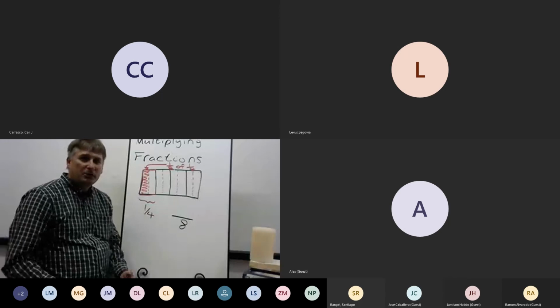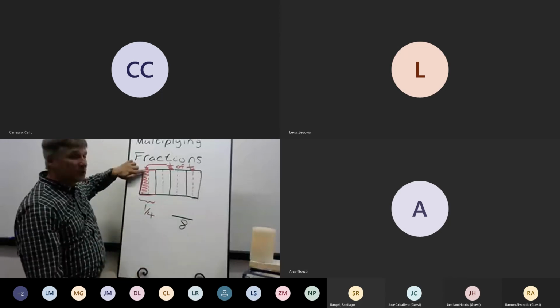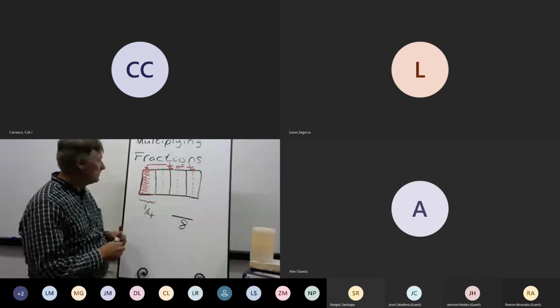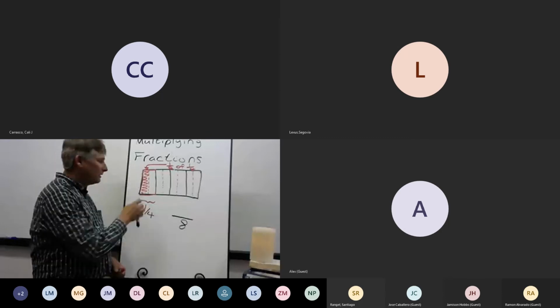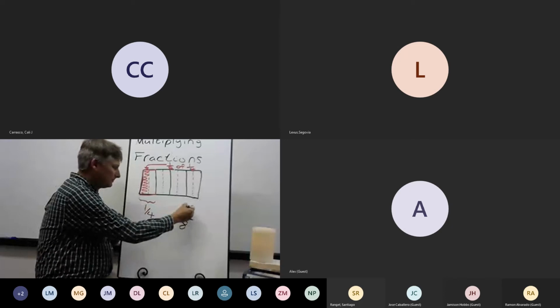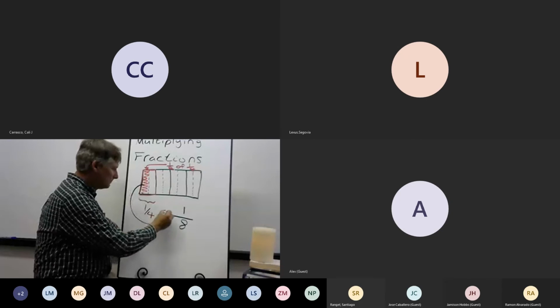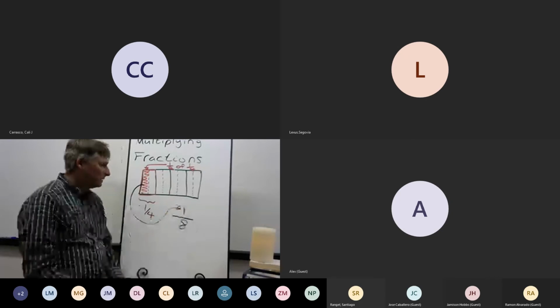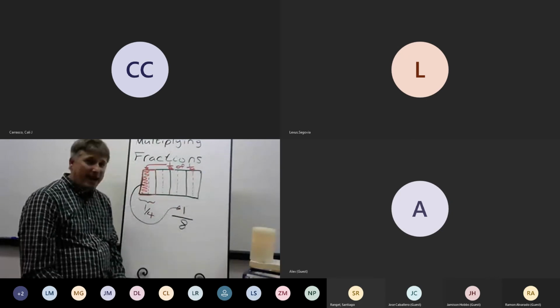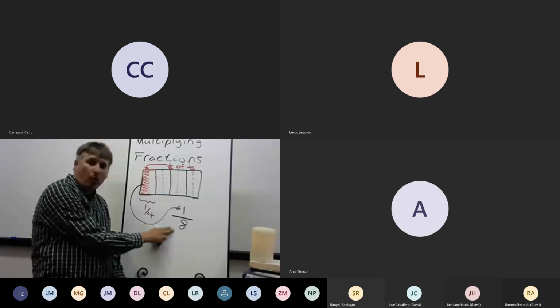Now, when we look at just a half of a fourth, this right here, this one piece, we're only looking at one out of these 8 pieces. So half of a fourth, well, that looks like it's equal to 1/8.